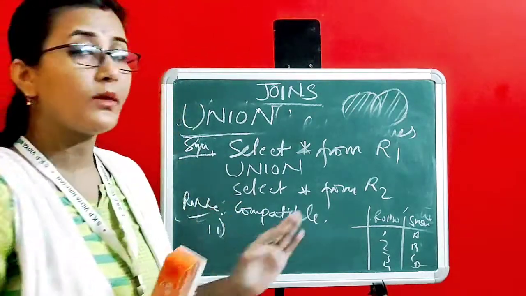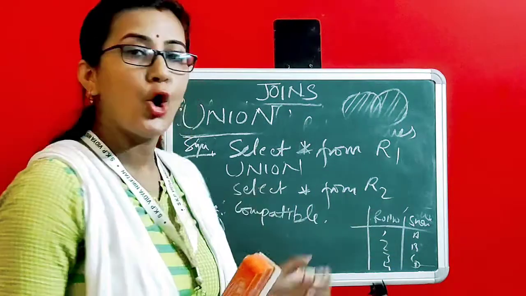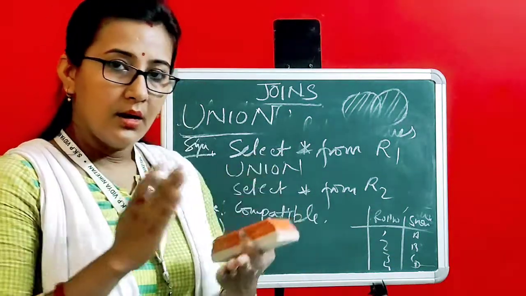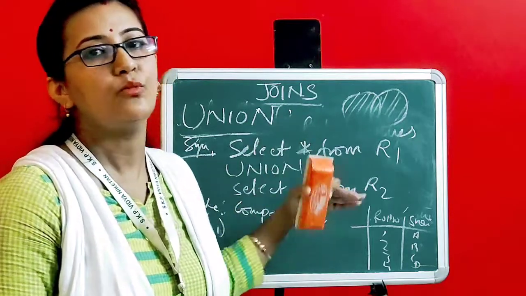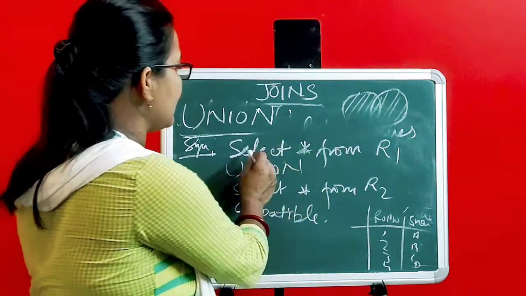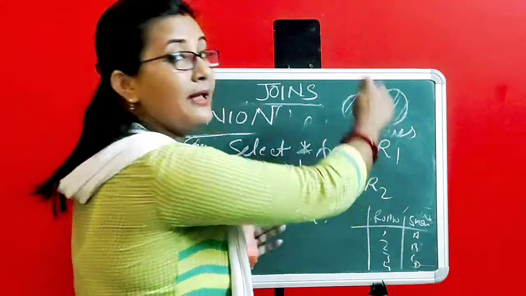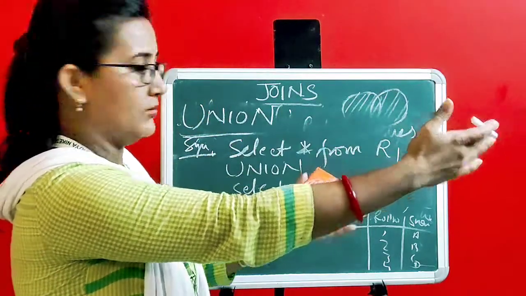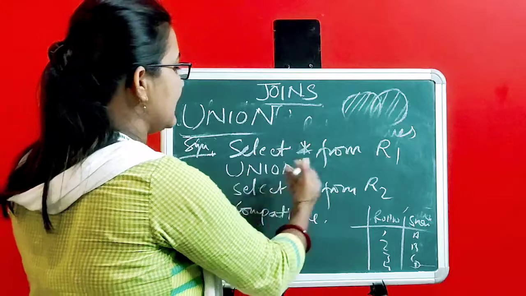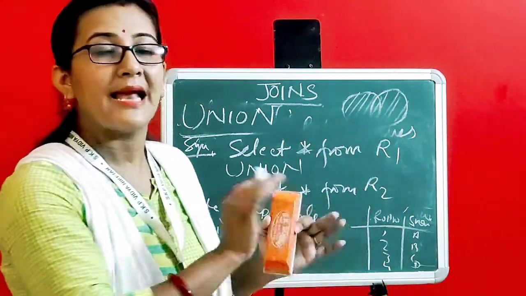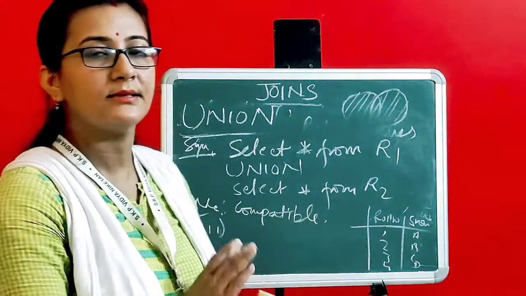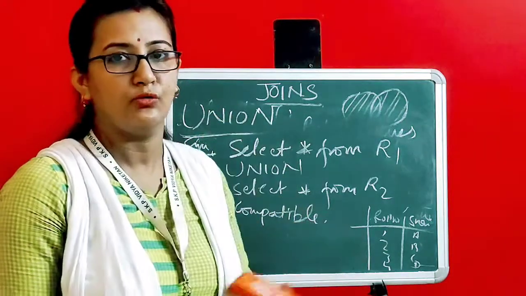Second, we cannot use the order by clause in between any one of the select queries. Suppose here select star from R1 order by roll number, union select star from R2 order by roll number. That is the wrong process, and it is not acceptable in a union join.